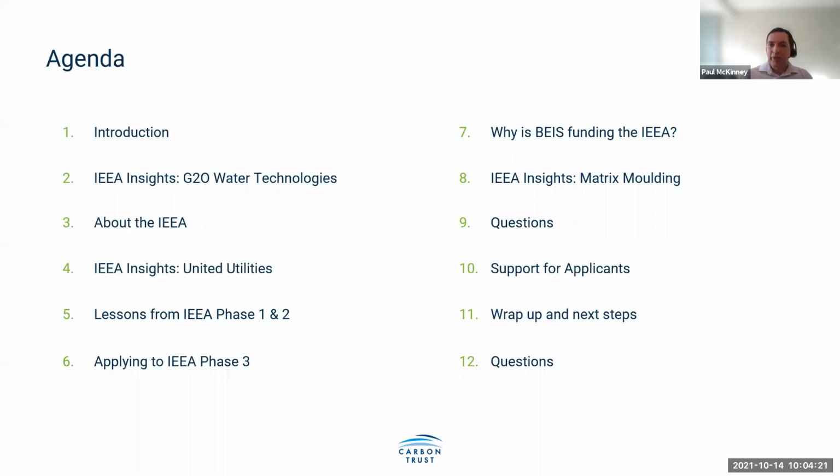So this is what we're going to talk about today. We will tell you what the IEEA is, what sort of projects are eligible, and how to go about applying, along with some tips and lessons from previous rounds, which hopefully you'll find helpful. Interspersed between those talks, we're going to include some case studies from the current IEEA to bring it to life a bit and show the real benefits of taking part from those who've been through the process.